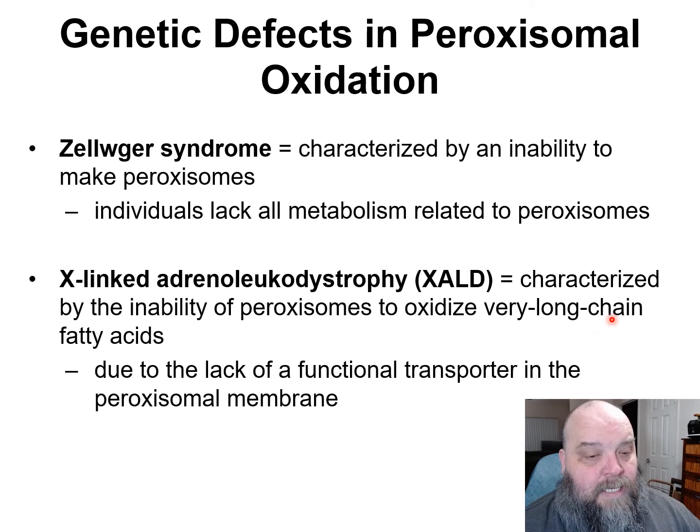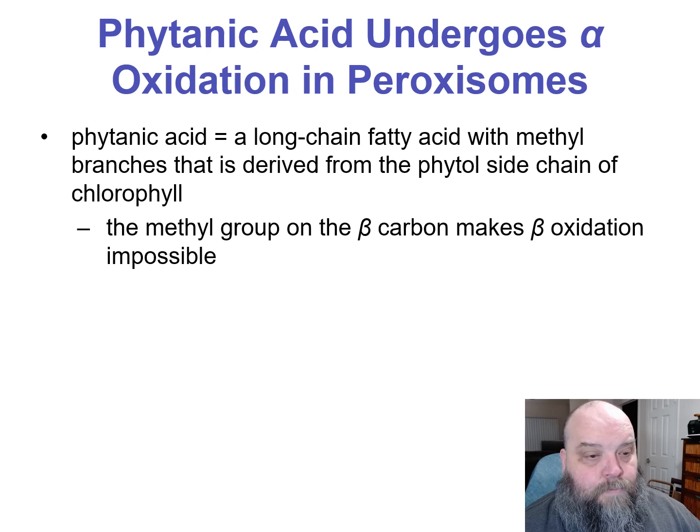Inability of the peroxisome to oxidize very long-chain fatty acids, very similar to Zellweger. No transporter. Here they lack any and all of the products or metabolic activities associated with a peroxisome.